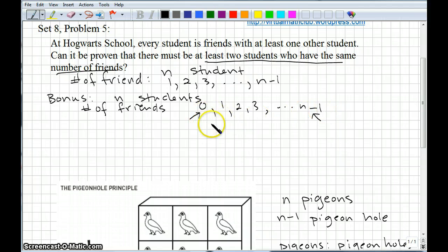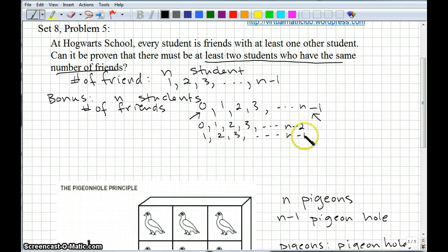So we either have the case where we've got 0, 1, 2, 3, all the way up to n minus 2, which is n minus 1 categories, or we have the situation where we have 1, 2, 3, all the way up to n minus 1 numbers of friends. Okay? Because if someone has n minus 1 number of friends, then every student has to have at least one friend.